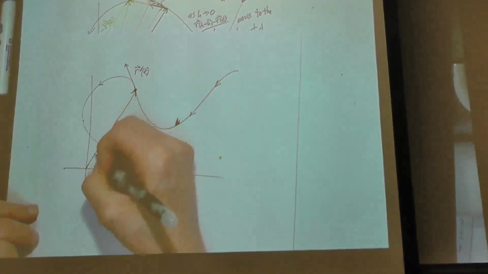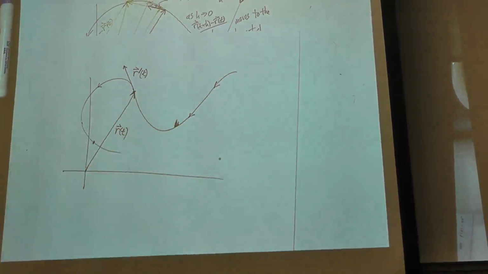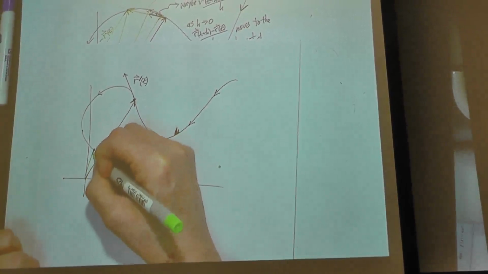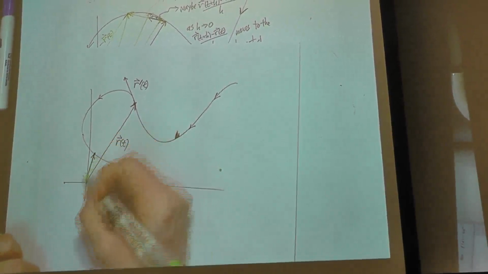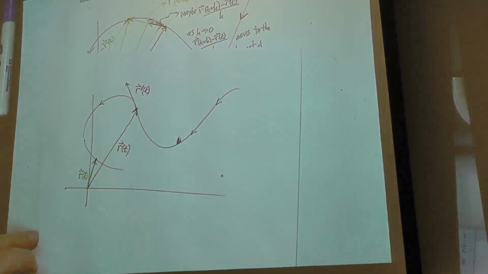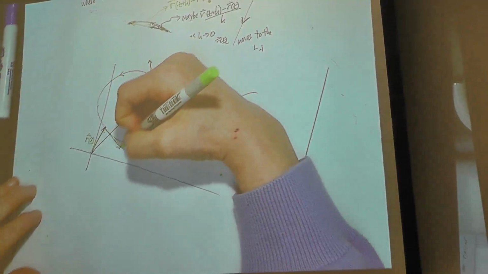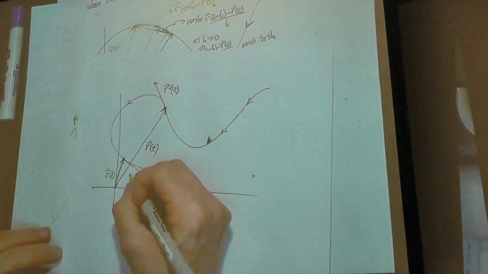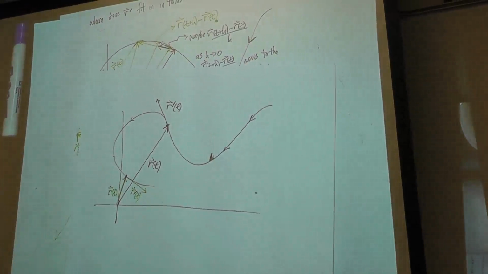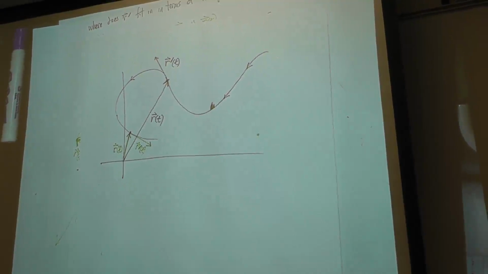On the other hand, had I picked a point, say here, this would be my r of t at this point. And down in this direction is r prime of t. All right.